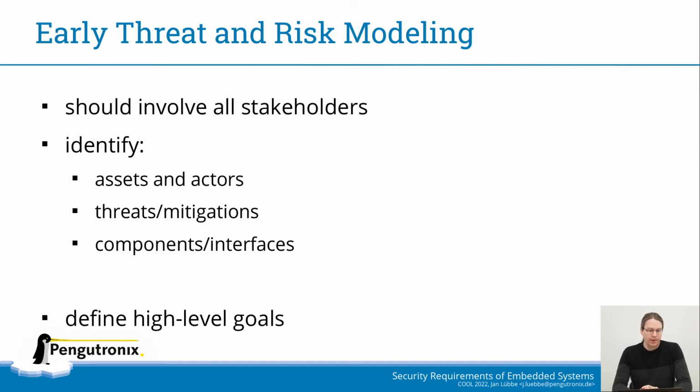We need to identify threats and the corresponding mitigations. We need to identify the components in our system, the interfaces between them, where we can add protections between these components. And additionally define high-level goals, so things that are easy to remember during the development. And you should go back to updating the threat model every so often, because attacks change, the implementation changes, you add components, remove them, and so on.